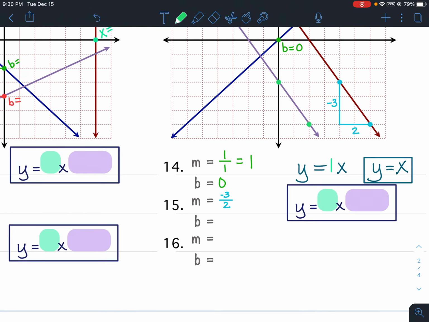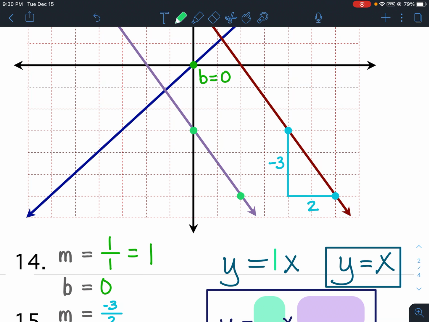For number 16, right here is my y-intercept. What is my y-intercept? Well, it goes down how many? Now remember, it's going down 3, so this is going to be -3.